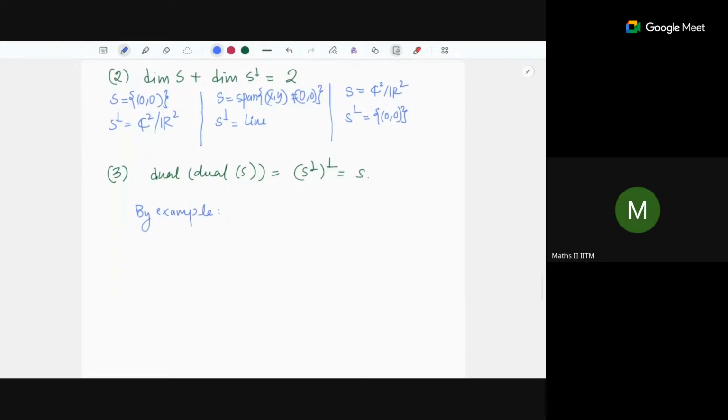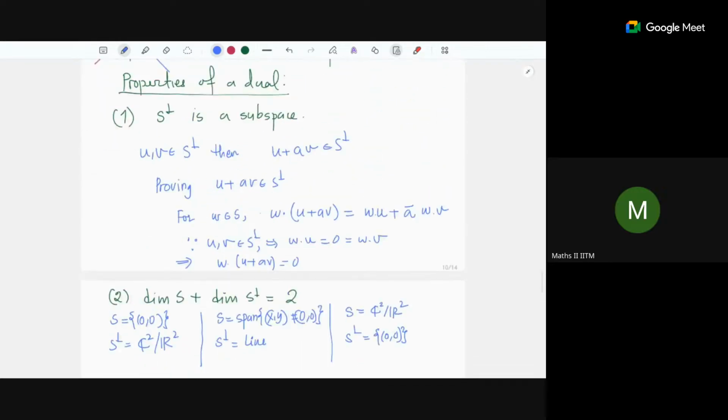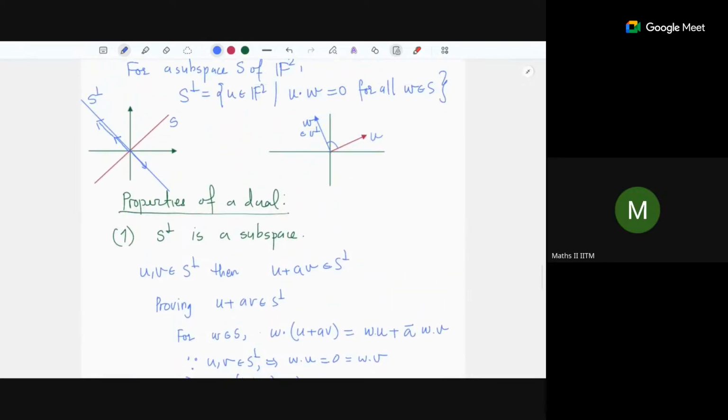Okay, so the dual of a subspace is the subspace itself. Let's take an example. Let's take the previous example itself. If you start with S, you look at the dual, it is this line S perp. And if you start with this S perp, what is the dual or orthogonal complement of this? It is S itself. Let me repeat it once again. You start with S. Let me take this figure downstairs.